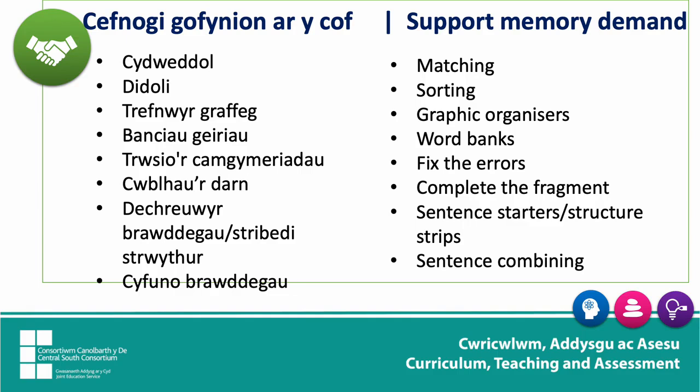Graphic organizers are hugely useful because they organize the information, which can then be mapped into your head, and those relationships can also be internalized as well as the information there.